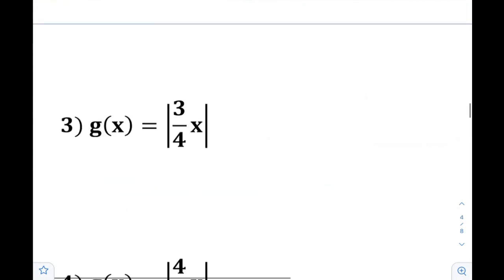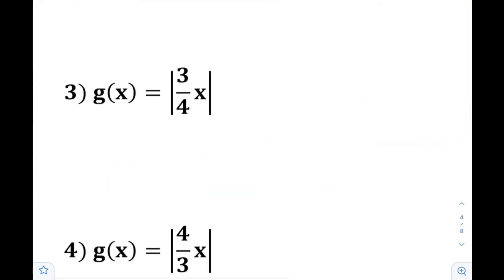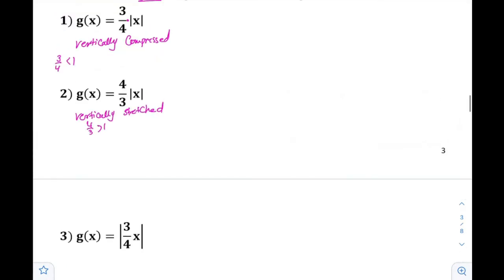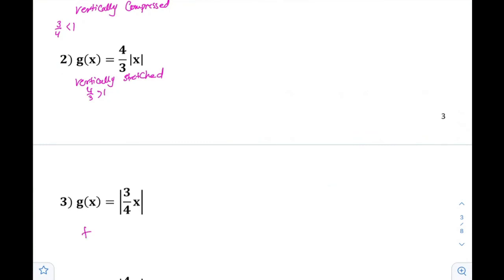While here we are using the same numbers exactly, but inside the group. Look carefully here. 3 over 4 in question 1 was outside the group. We were saying vertically compressed. Now it is inside the group, so it is horizontal. Reverse everything. 3 over 4 now is less than 1 inside, so instead of saying compressed, we will say stretched.